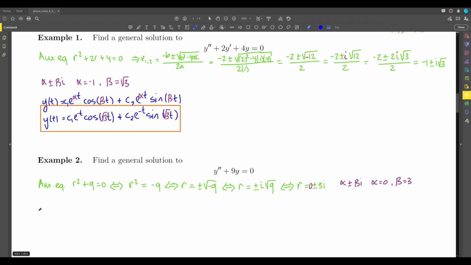Okay, and now our general solution is y of t equals c1 e to the power alpha t, and our alpha is 0, so I'm going to write in 0 here. e to the power 0t cosine of 3t.